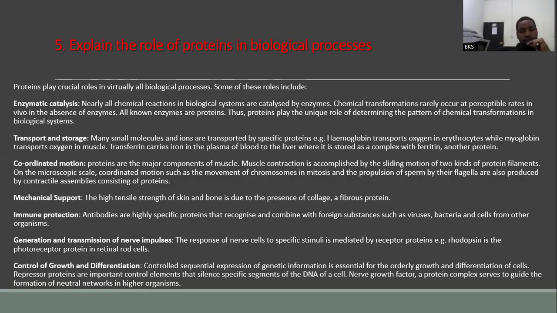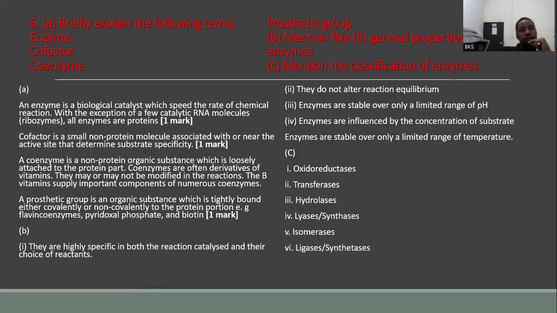We all talked about this. Now question 6, which is the final one, says briefly explain the following terms: cofactor and coenzyme. This is our recent discussion. Think about the difficulty with the speed of a chemical reaction, then explain how enzymes affect the speed of a chemical reaction.